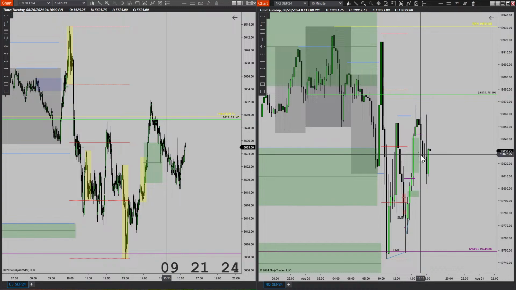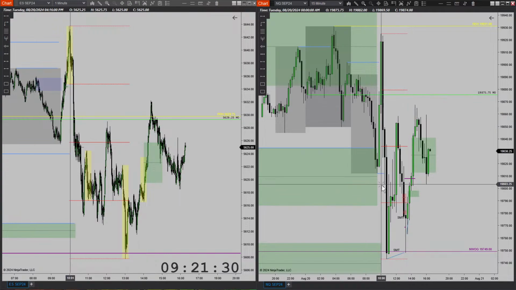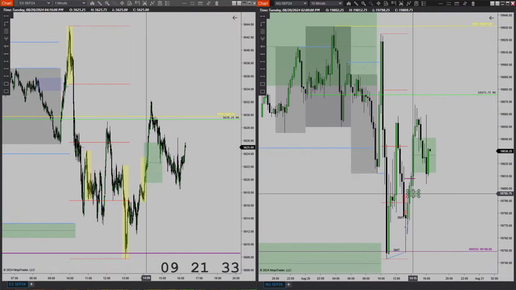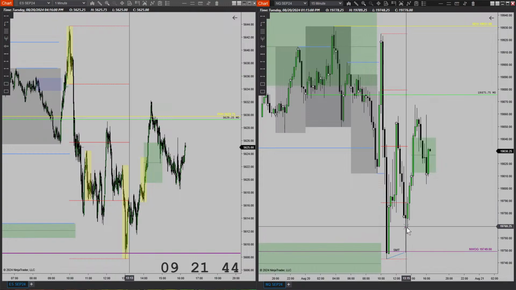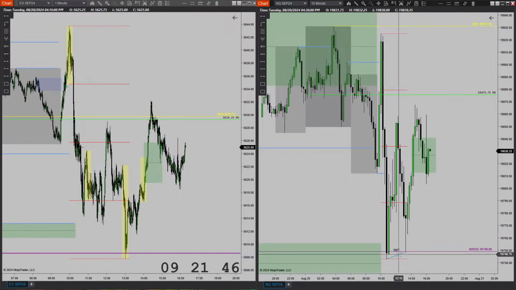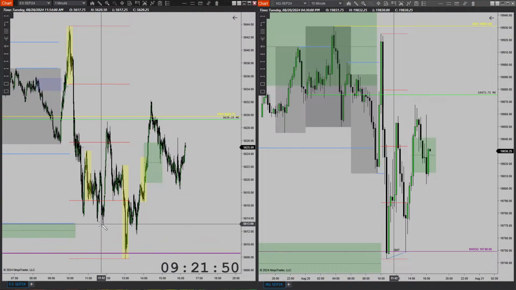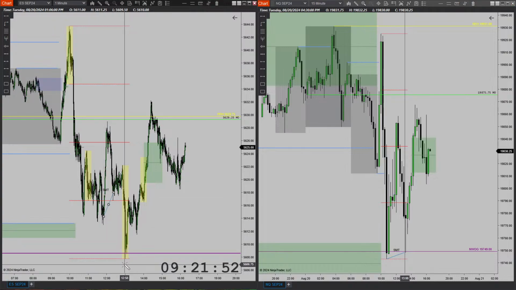Okay. I want to see what price did with this gap here. I don't need this anymore. This I still need, but let me delete this. I probably should have deleted it yesterday, but I wanted to keep it on here just to see basically what price did. Ah, darn!